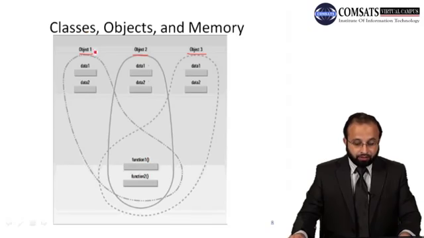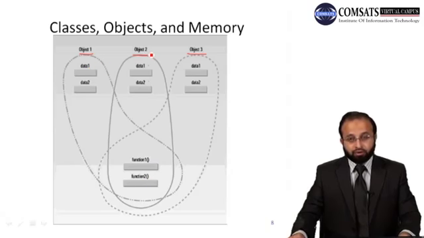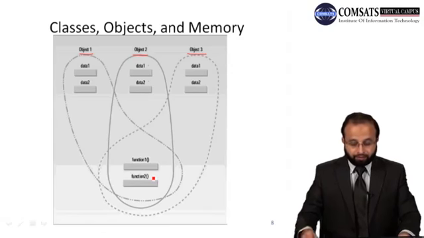When object 1 calls the function, and if function 1 or function 2 uses data 1, then it is the data of object 1. If object 2 calls function 1 or function 2, then data 1 and data 2 are of that object, right?